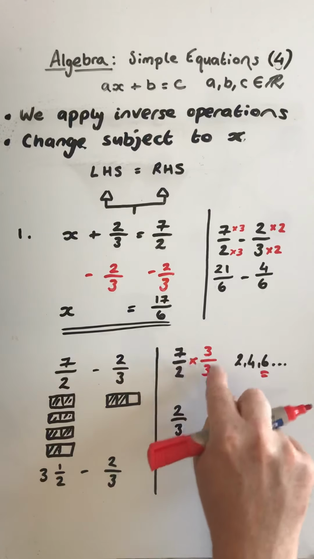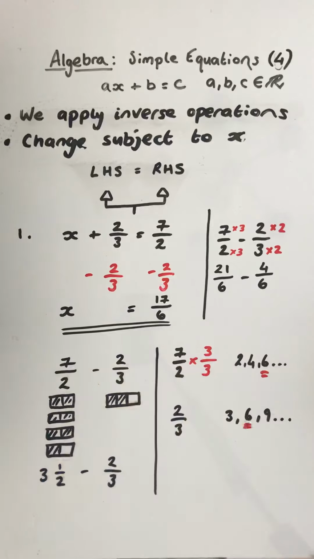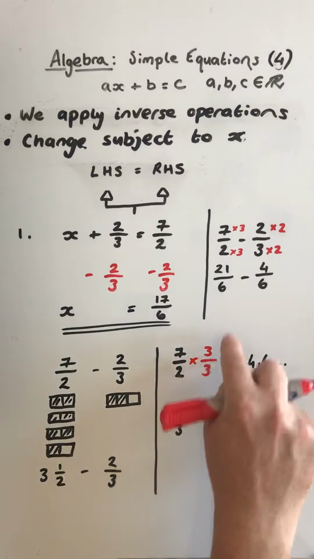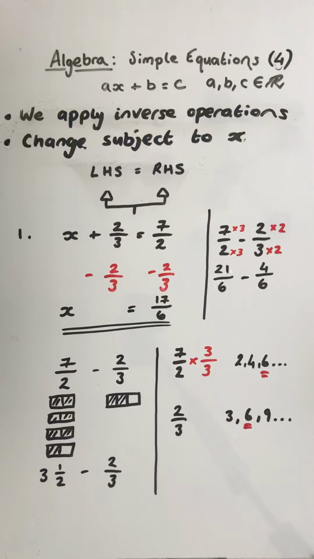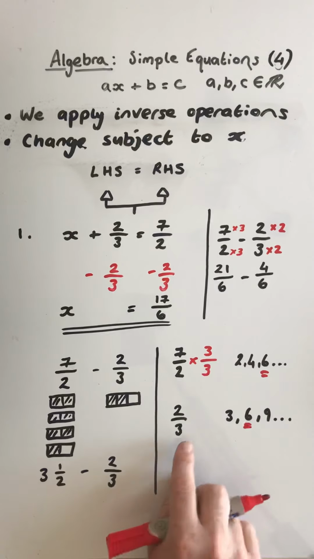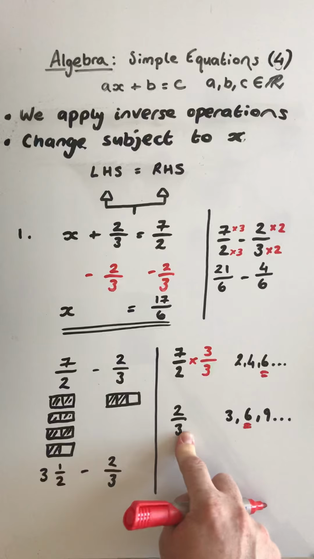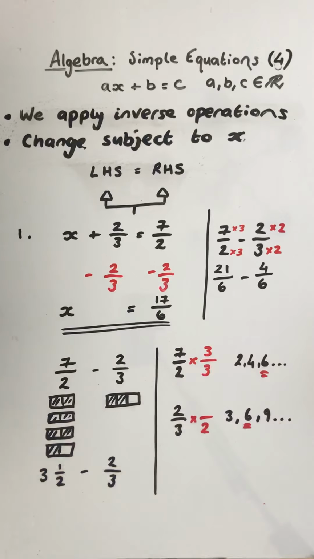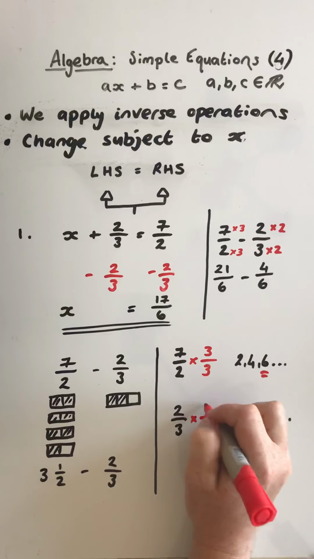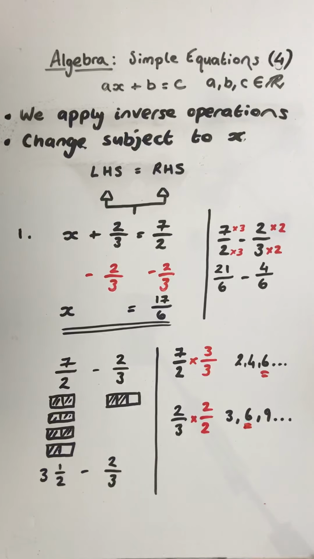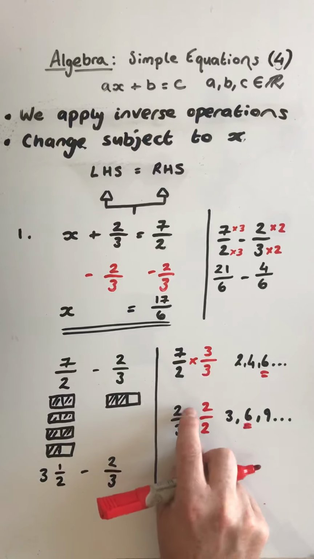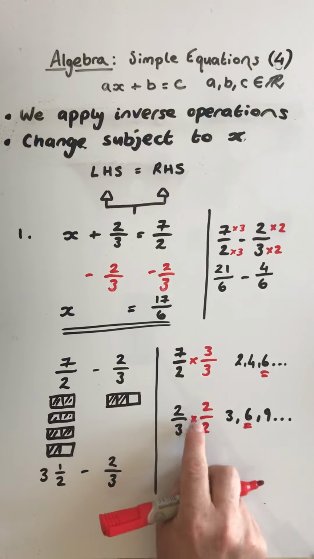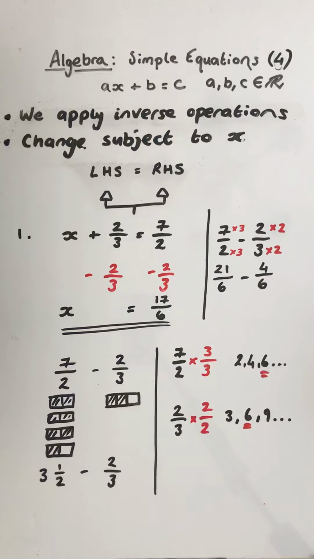That there just represents 1. 3 divided by 3 is 1. Then that will become our 21 sixths. Same idea here. What do we have to do to 3? Well, we're multiplying it to get to 6. We are multiplying it by 2. To make it equivalent, then we are doing the same. 2 times 2 is 4. 3 times 2 is 6.